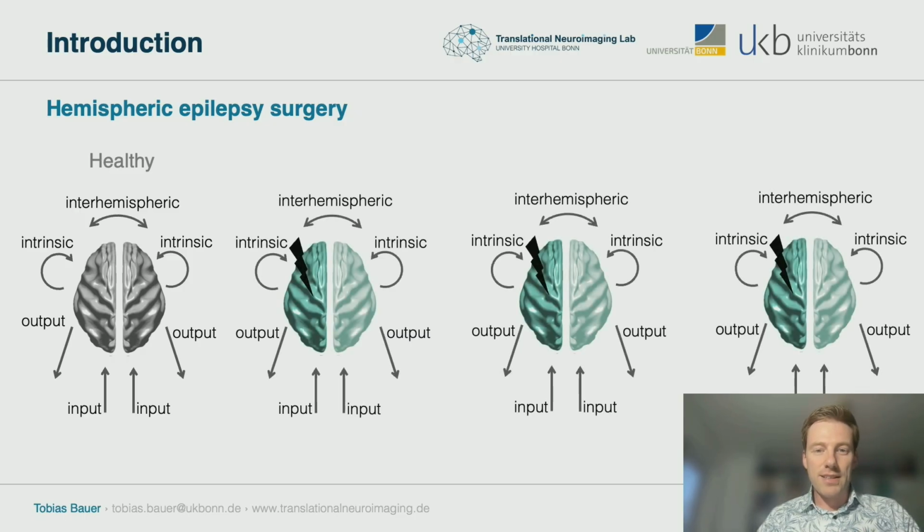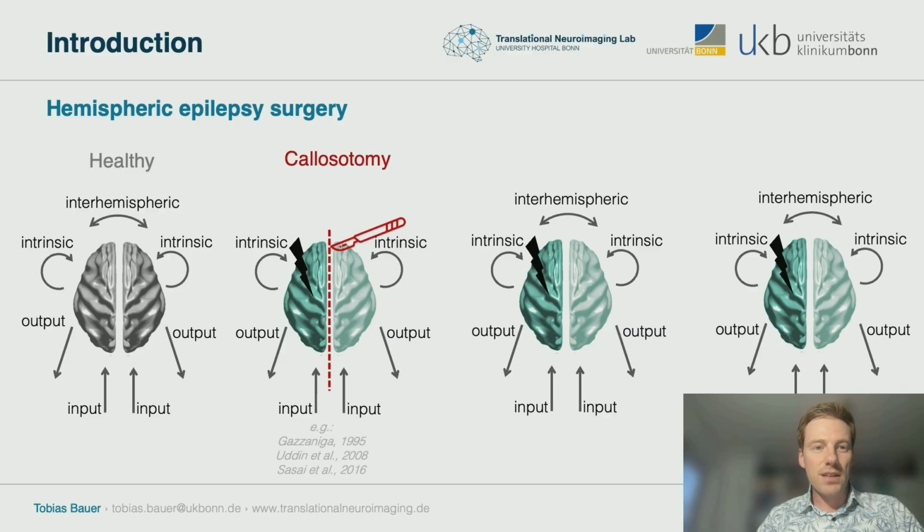If we look at brains that have epilepsy in one hemisphere, hemispheric epilepsy surgery is an ultima ratio option. There are three different techniques that I wanted to go through. The first one is a callosotomy. In callosotomy, only the corpus callosum is cut, and this way both hemispheres are disconnected, which is aimed to prevent seizures from spreading from the lesioned hemisphere to the contralesional hemisphere.